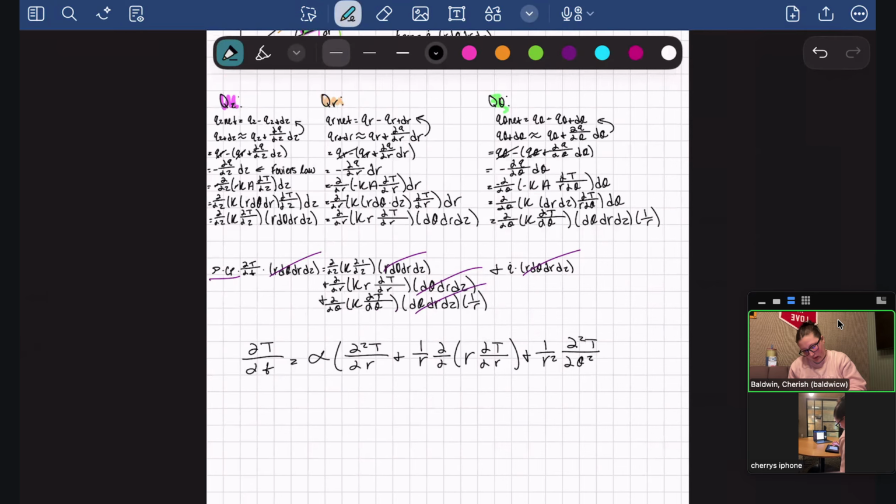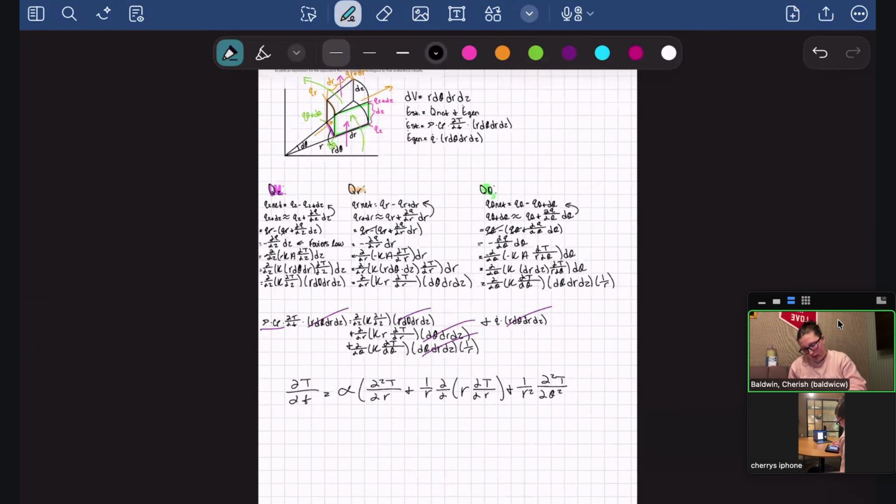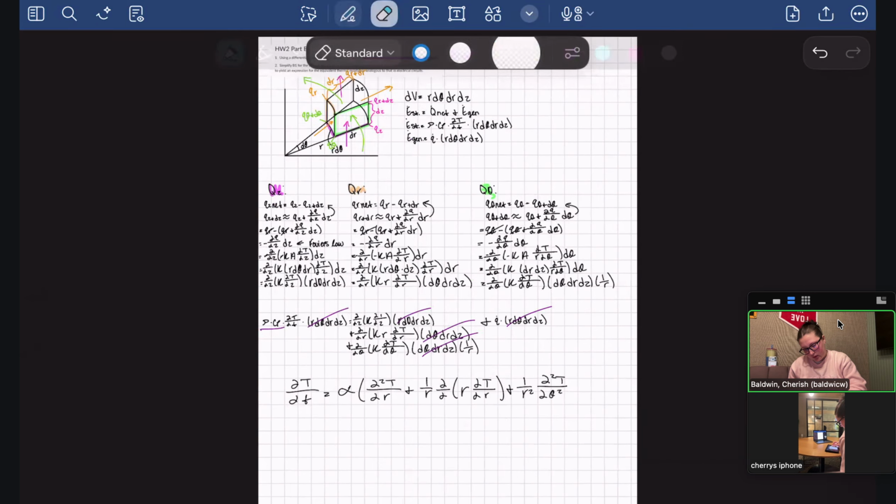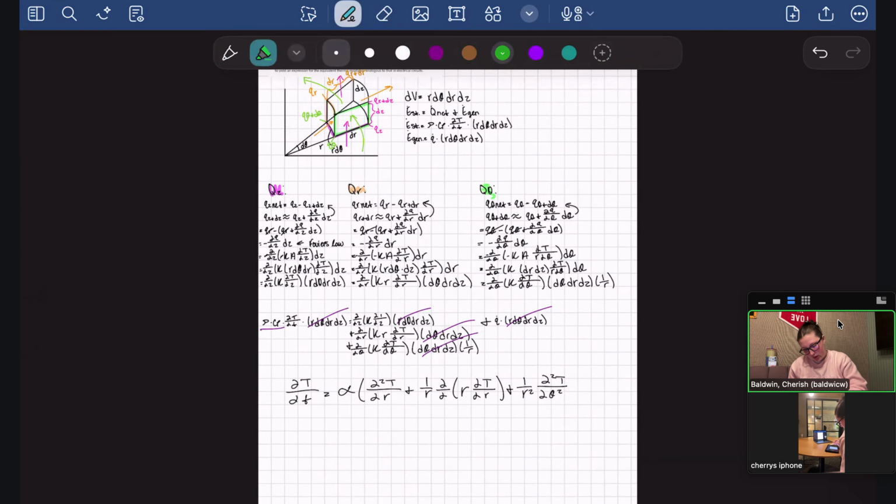And there we go. That is the heat diffusion equation for a cylindrical object.